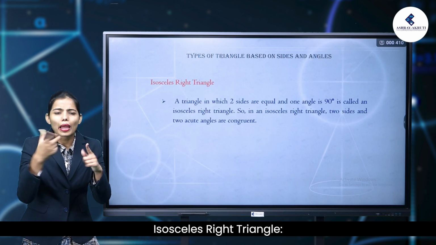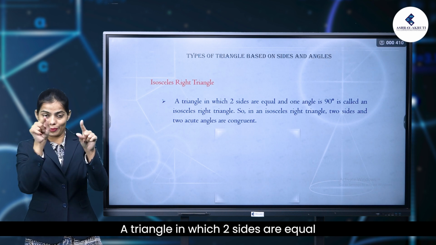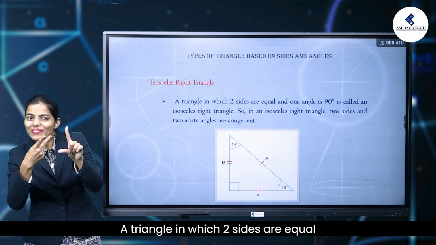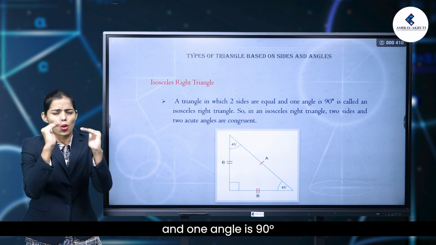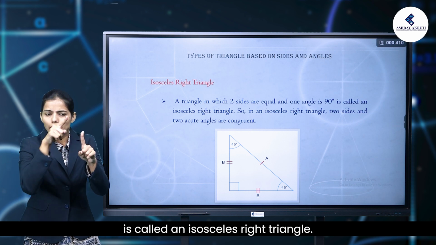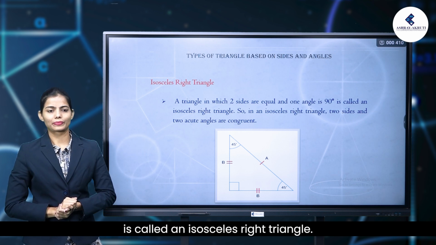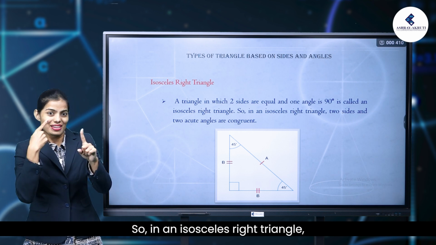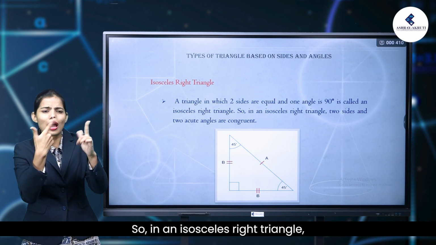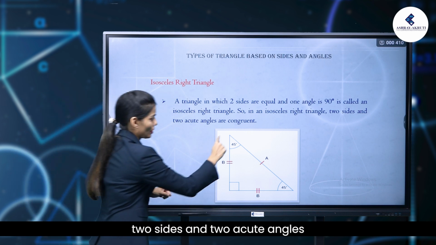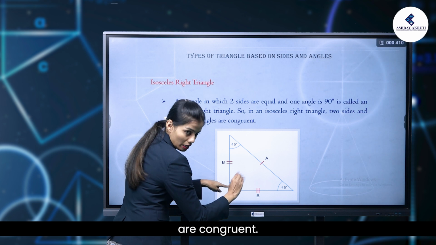Isosceles right triangle. A triangle in which two sides are equal and one angle is 90 degrees is called an isosceles right triangle. So, in an isosceles right triangle, two sides and two acute angles are congruent.